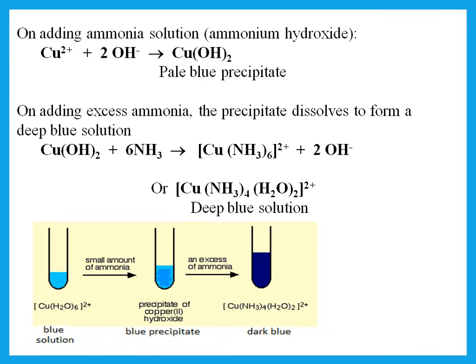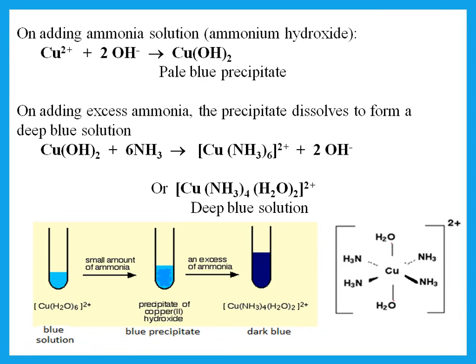In both cases, I end up with a blue solution. This is because this complex with 4 ammonia and 2 water or with 6 ammonia, both of them are copper 2 plus complexes that have a dark blue solution.